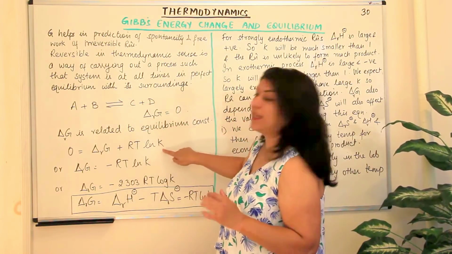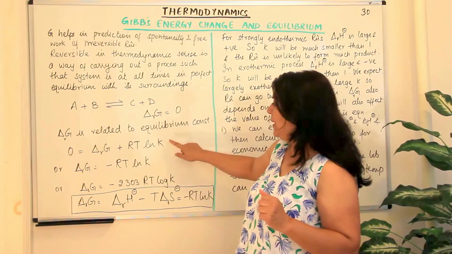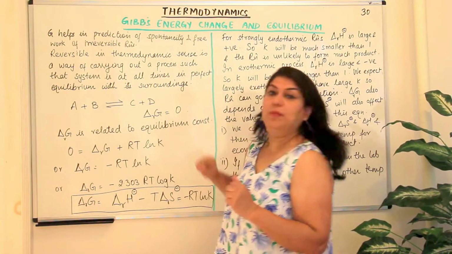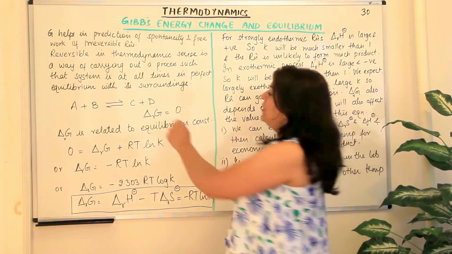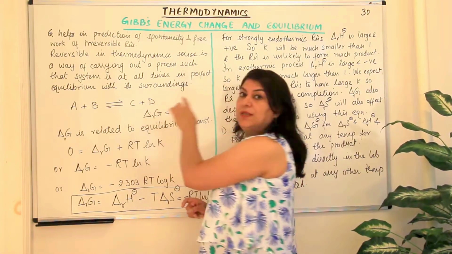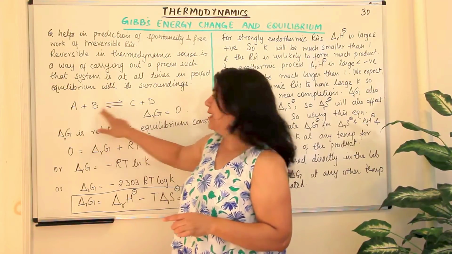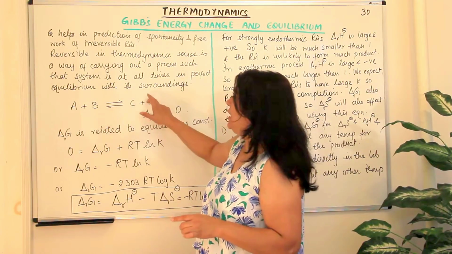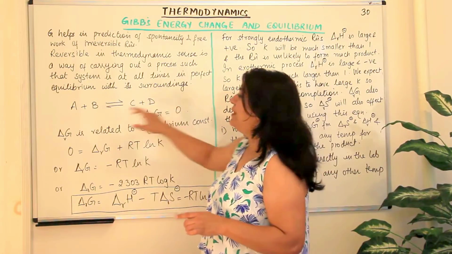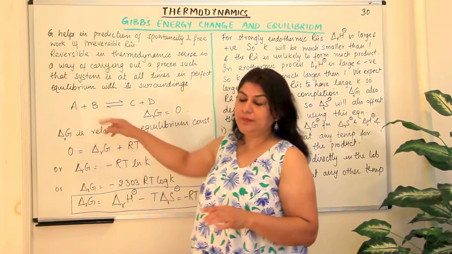Let us understand what Kc, the equilibrium constant in terms of concentration, is. The equilibrium constant K is equal to the product of the concentrations of the products divided by the product of the concentrations of the reactants.